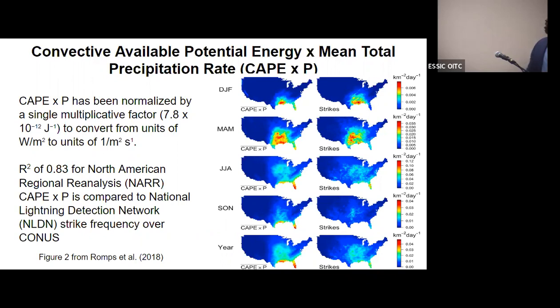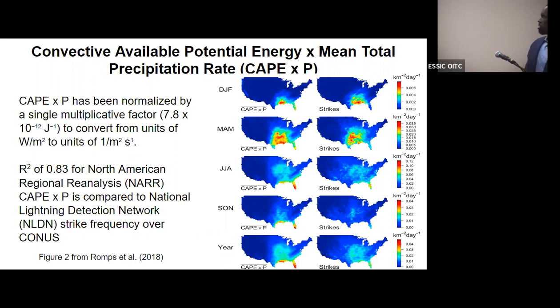Yes. So I think there would probably need to be some initial work done to, well, you know, GLM gives you total lightning, but doesn't distinguish between the two.